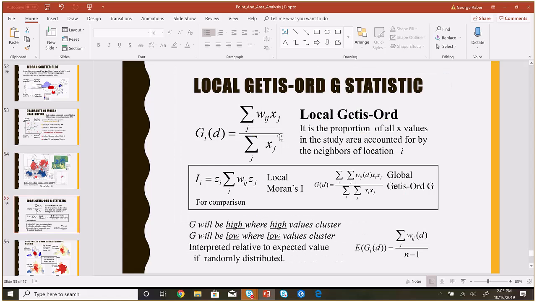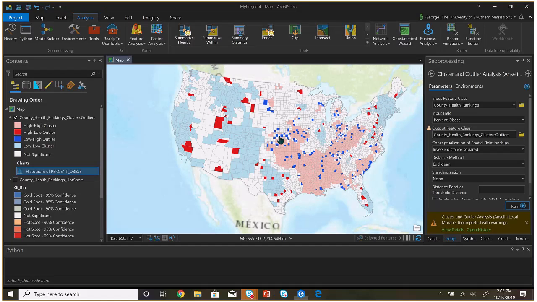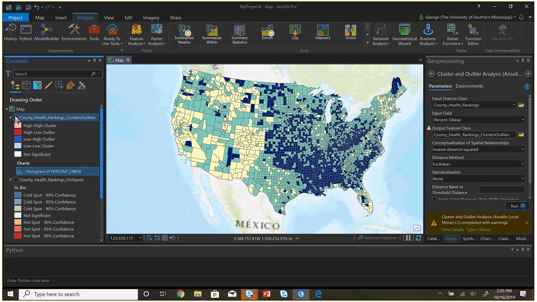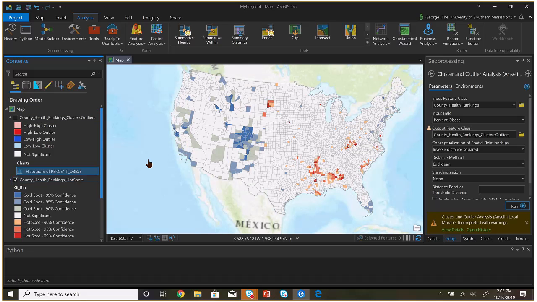Okay, so I already actually ran this last one that we're going to talk about, the local Getis-Ord Gi* statistic. It basically shows how significant high clusters are and how significant low clusters are. And so remember when we ran the general G statistic, and it said that the high clusters were more significant.